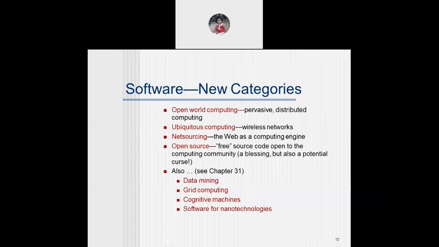Open world computing via pervasive and distributed computing, ubiquitous computing through wireless networks, netsourcing via computing engine, open source software, and also data mining, grid computing, cognitive machines, and software for nanotechnologies.